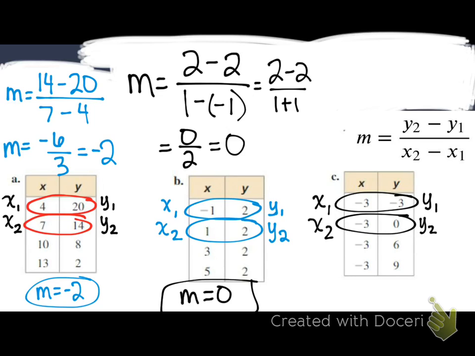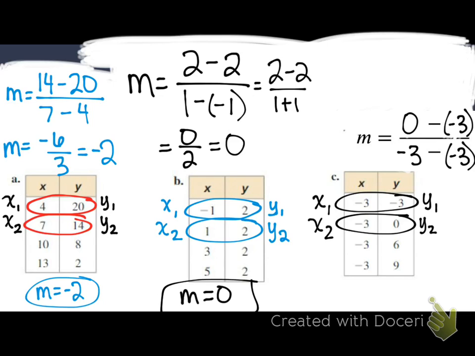So let's just use this formula they have and plug our stuff into it. What is my y2? 0, minus y1, which is negative 3. It's minus a negative 3. And then negative 3 minus negative 3. Subtracting a negative means we are really adding.